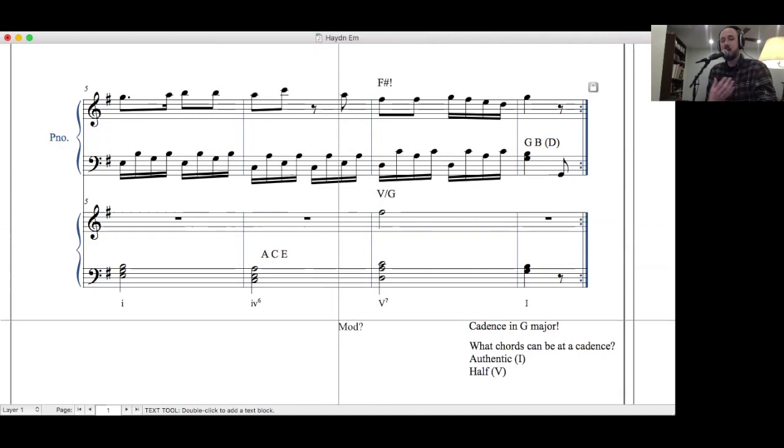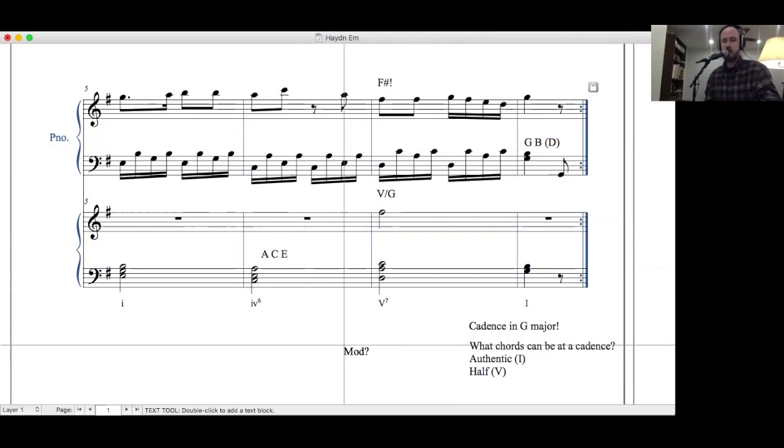Modulation isn't an extra thing that we do on top of the music. It's part of the music, as much as these chords are the music. So that's our question. Where does the modulation happen? Which chord is doing the work of pivoting between the old key and the new key?